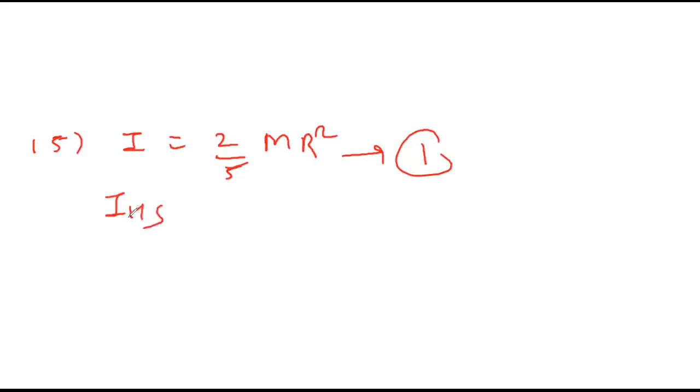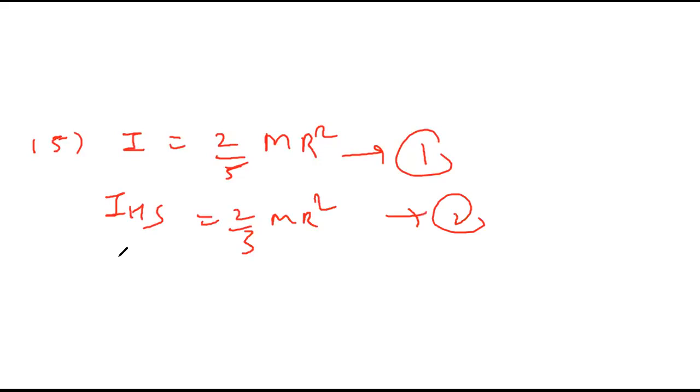A solid sphere of radius R has moment of inertia I. So for a solid sphere, the moment of inertia I, we all know, is 2 by 5 MR square. What will be the moment of inertia of a hollow sphere of the same mass and same radius? It will be 2 by 3 MR square.